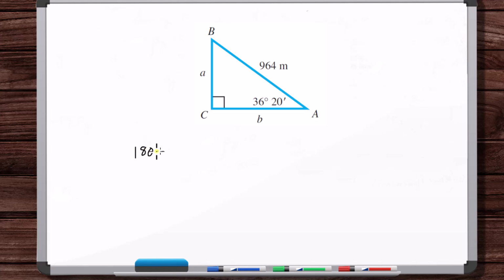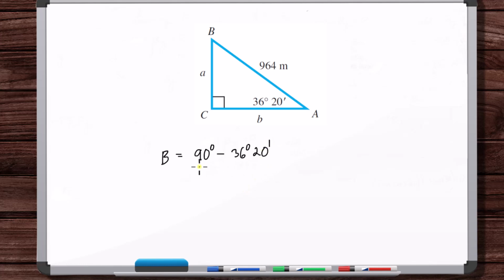The two angles of a right triangle that aren't the 90 degree angle are complementary, so B is going to be 90 minus A. So angle B is 90 degrees minus 36 degrees, 20 minutes.